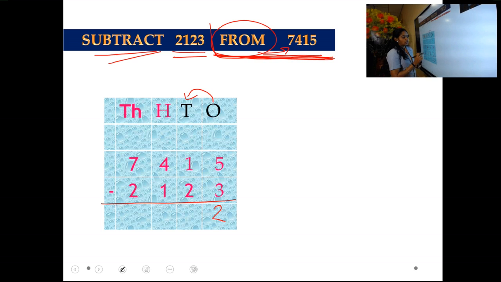So the top number 1 is smaller than the bottom number 2. At that time you have to borrow from the next place, the previous place. So you have to circle this number and borrow from here.